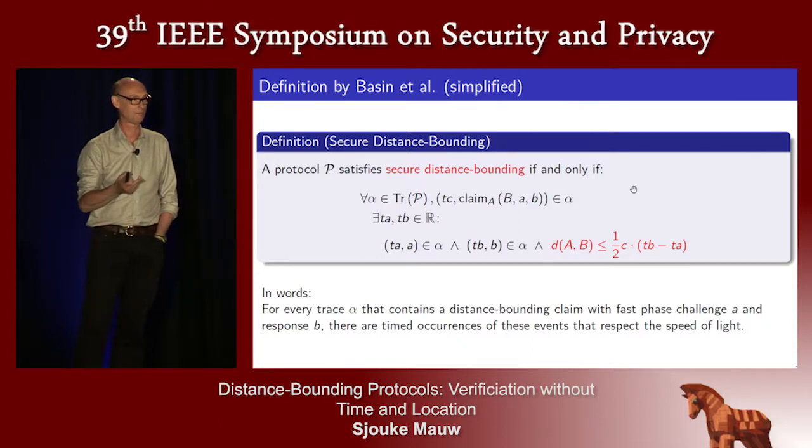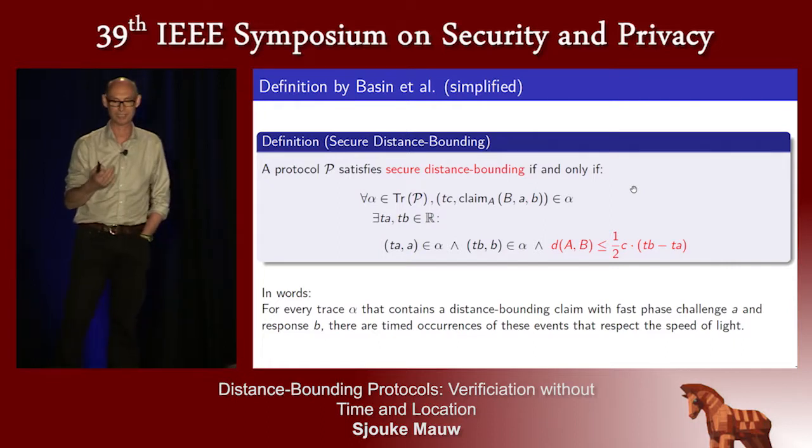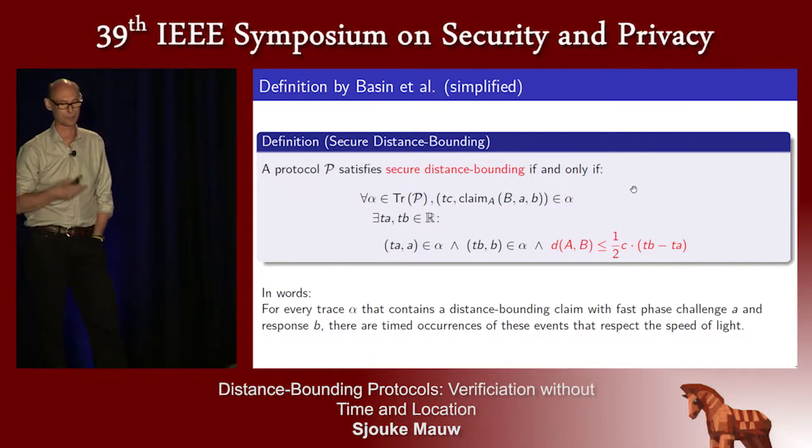So there are time points ta and tb such that the distance between agents capital A and capital B satisfies this distance relation that I just explained. So this is basically the definition of secure distance bounding. They implemented it in Isabelle/HOL, and with a bit of effort, they could verify protocols.